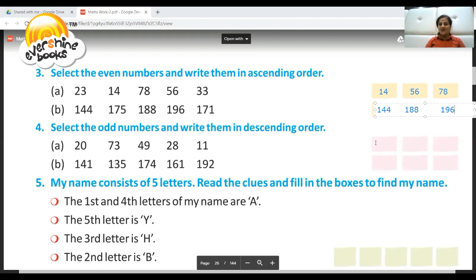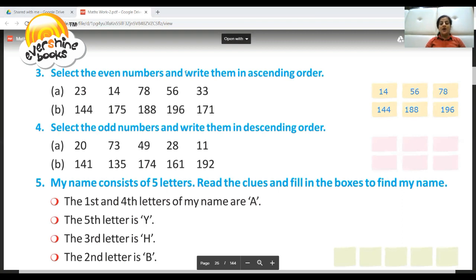Next is odd number. Now we are going to select odd numbers and write them in descending order. Descending order means largest to the smallest, but it should be odd also. So first of all, we are going to select whether the number is odd or even. See, 20 is even number, so we don't need it. 73 is even number?